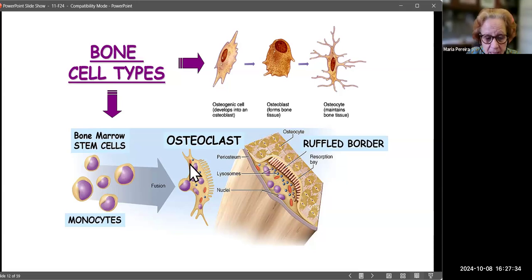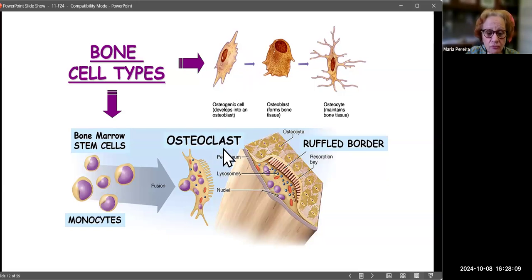And you see that they have these projections. And what is the function? The function is that they release enzymes that will release calcium from the bone. So you see here compact bone with the osteocytes, which are much, much smaller than the osteoclast. So the osteoclast, when it becomes active, releases enzymes that now chew up the bone matrix to release calcium.